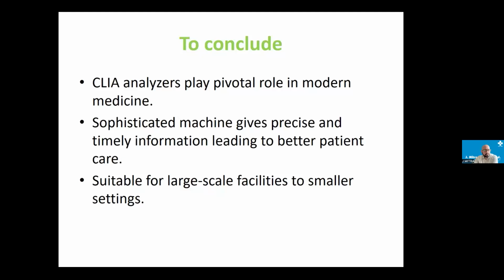We have been operating these machines for 10 years in our institute, and we can see it's a very easy machine to operate. Although we get some false positive results, that is for patient safety. So to conclude, CLIA is a machine for modern medicine, and that's it.